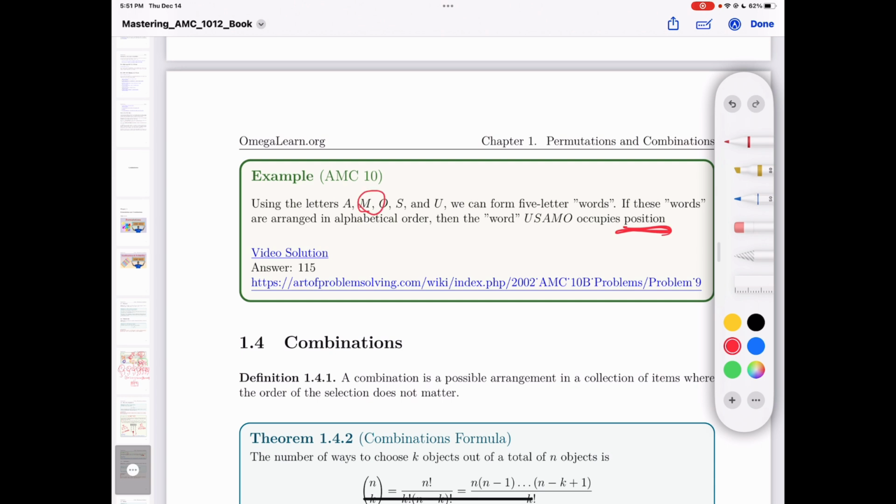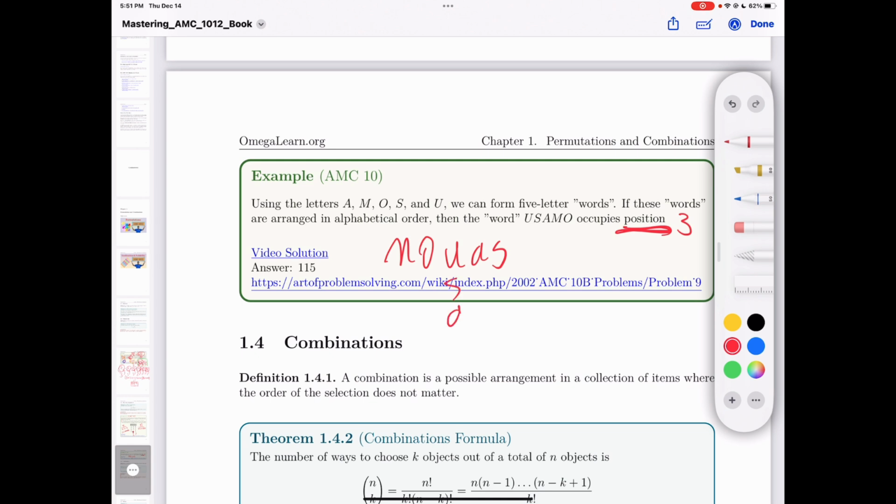What word can we form with this? Like, mouse? Is that a word? These words are arranged in alphabetical order. It would make sense if it says position 3.